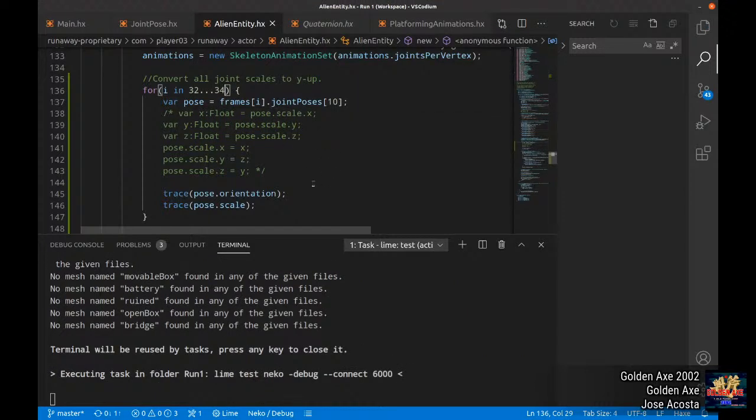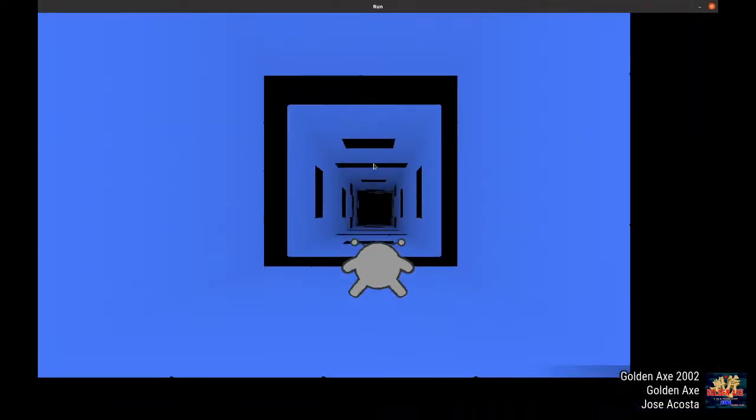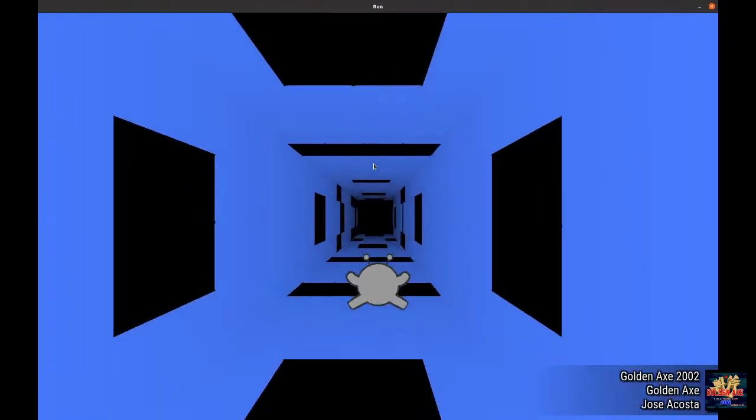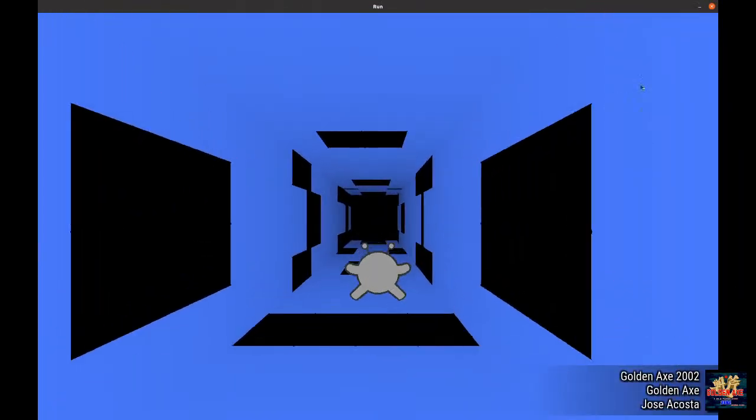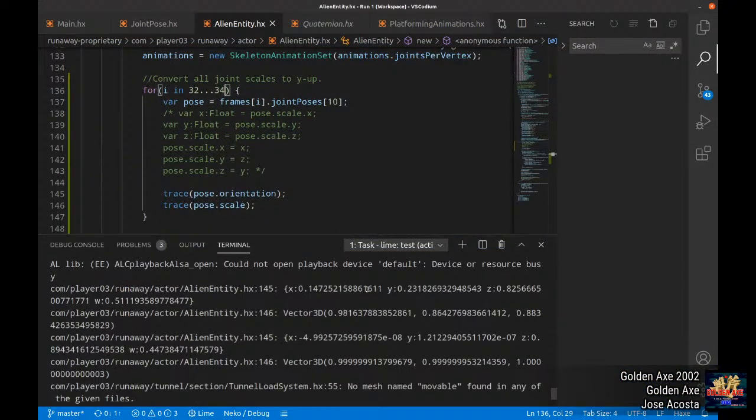Let's look at frames 32 and 33. On these frames, which are the jumping frames, the rotation is very simple. Except it's not. That's hardly a simple rotation.